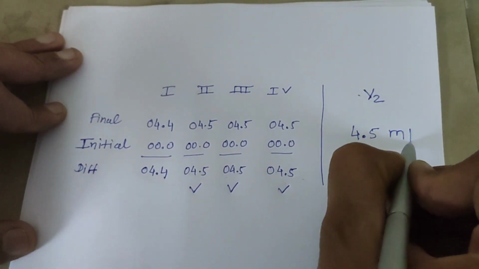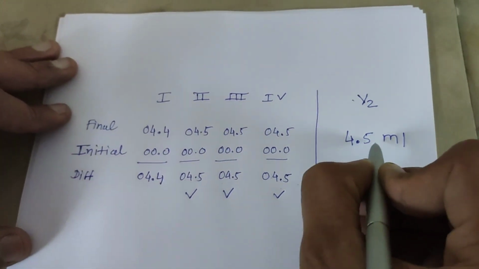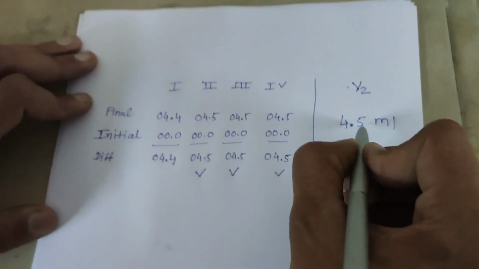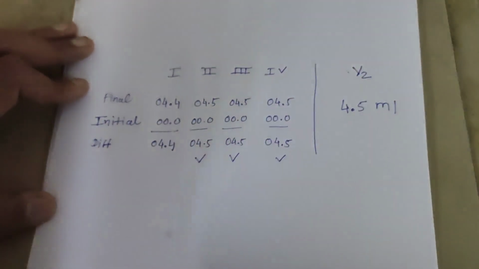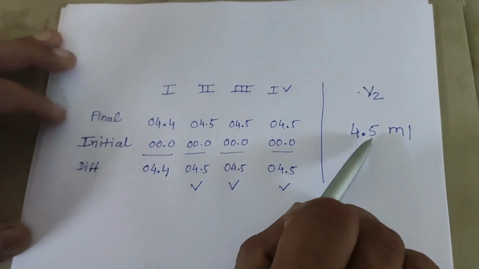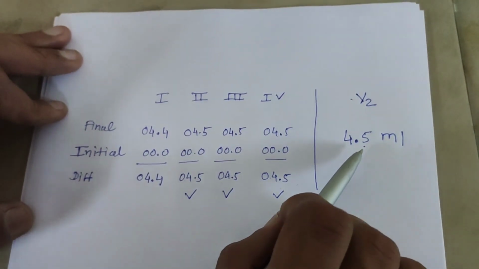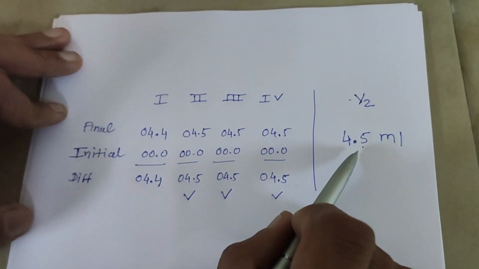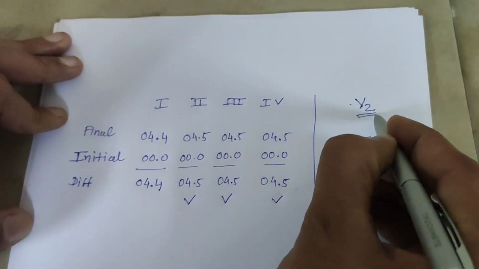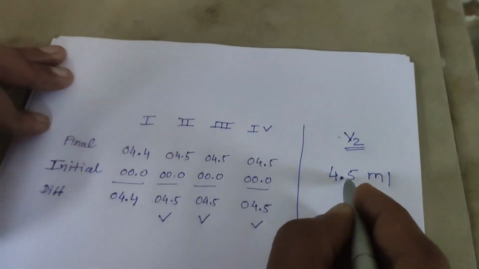Why? Because you cannot take 2 numbers after the point. You just have to use a single number after the point, because the minimum capacity of the burette to measure volume is 0.1 ml. So our V2 will be 4.5 ml.